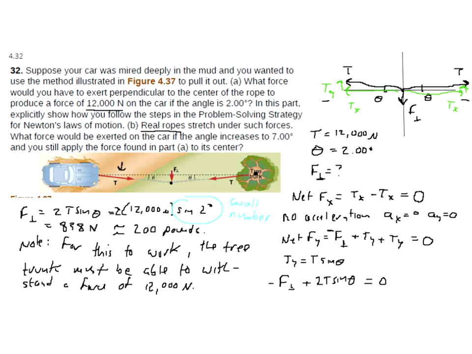But remember, whatever force you're exerting here, the same force is exerted over here. So for example, you couldn't just have your friend hold on to this end of the rope, because she would have to be able to hold on with a force of 1,200 newtons. And if she can do that, then why doesn't she just pull the car out directly? So you don't want the person.